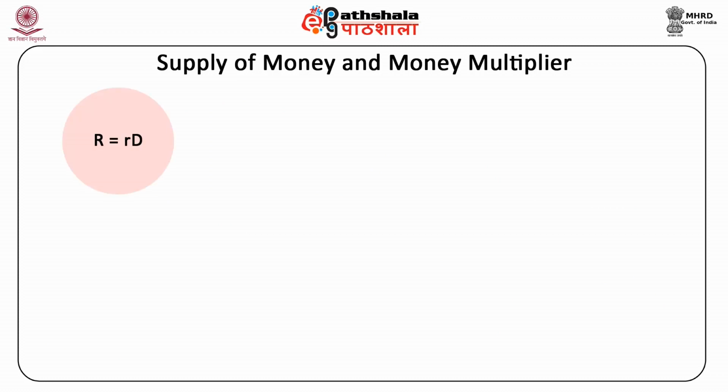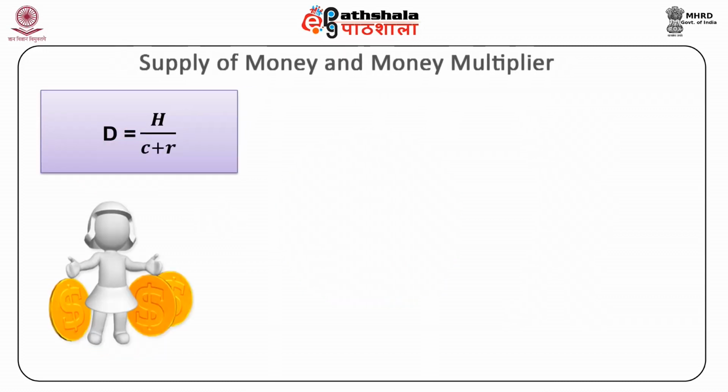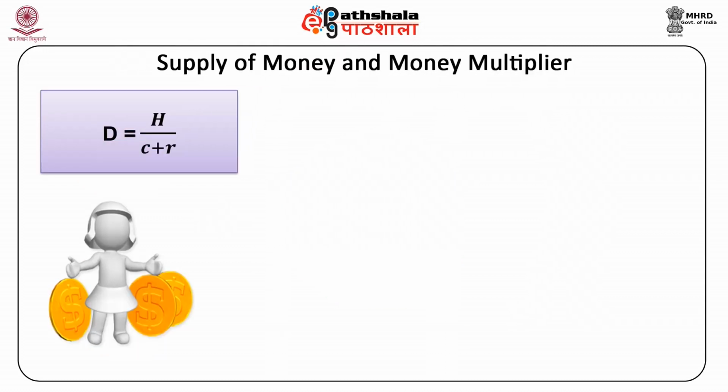Using the equations R is equal to small r into D and C is equal to small c into D, we get small c into D plus small r into D is equal to H. D is equal to H divided by c plus r.